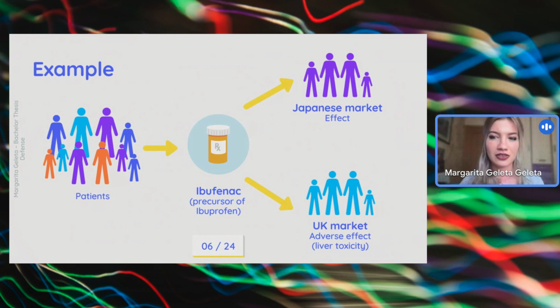In the UK market, this proportion was quite large, to the degree that it was dropped from the market because it gave many patients liver toxicity. And later on it was dropped from the world market, and ibuprofen came to the supremacy of this setting.